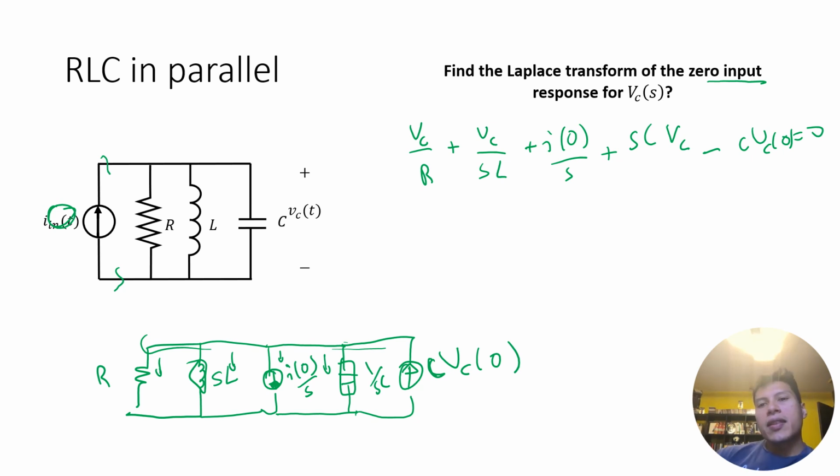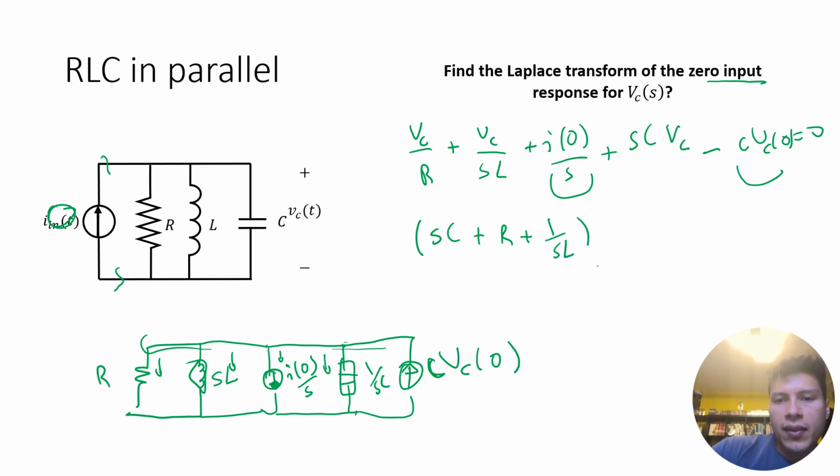And then what we can do is move all the initial condition related quantities to the right hand side and factor out all the things multiplying VC. So in this case, we're going to have sC plus 1 over R plus 1 over sL, times VC, equals I0 over s minus C VC sub 0.